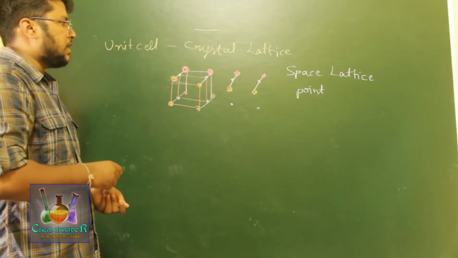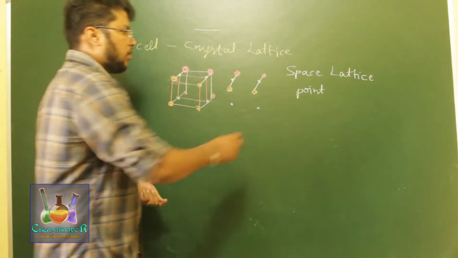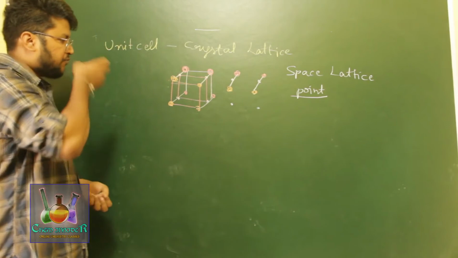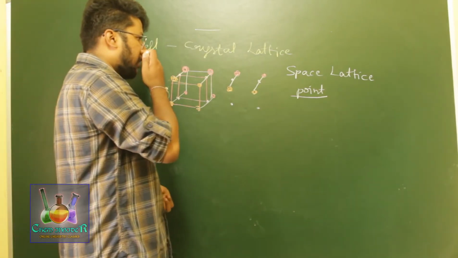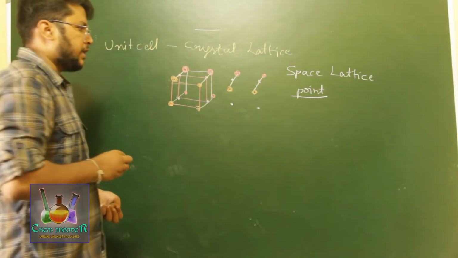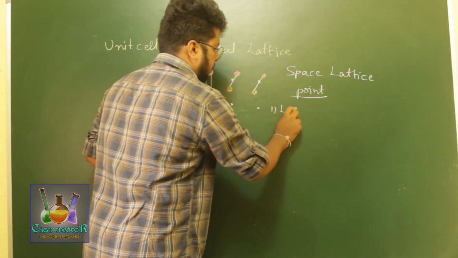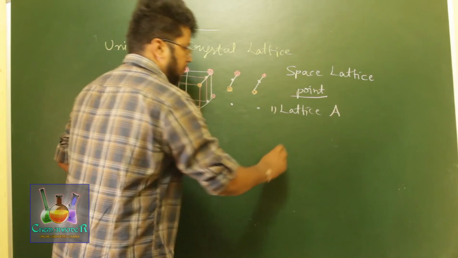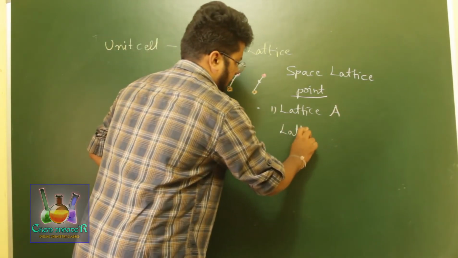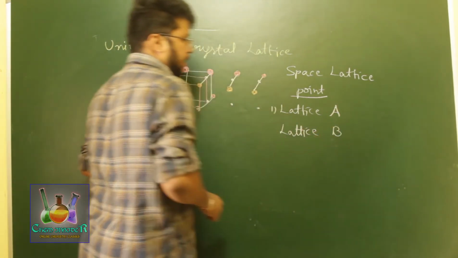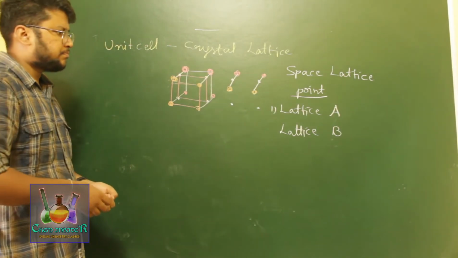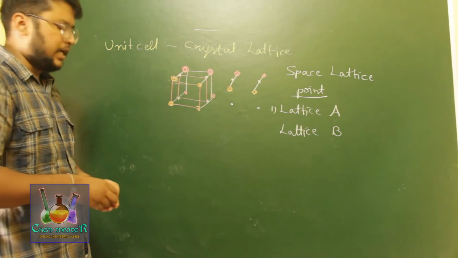So this space lattice or crystal lattice, what we call a point, can be arranged in multiple types. For example, we have found two types of lattice point arrangement. The first one we call lattice A type, and the other one is lattice B type. So what is this lattice A type?